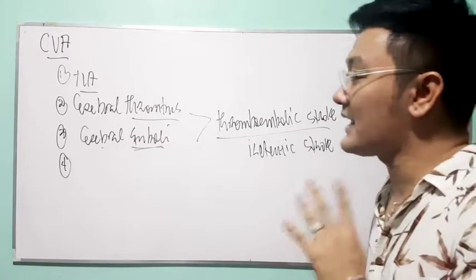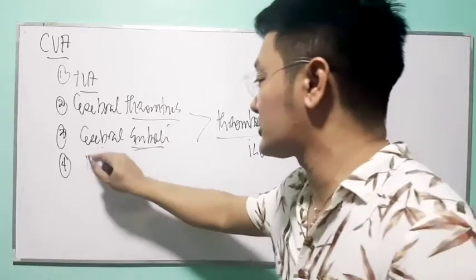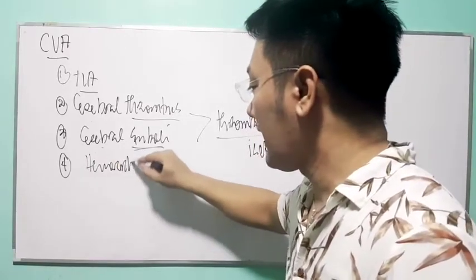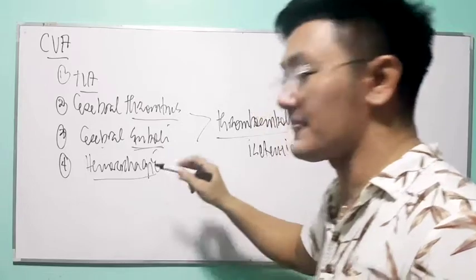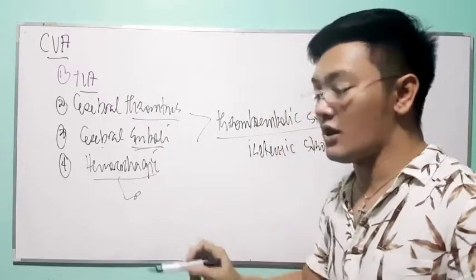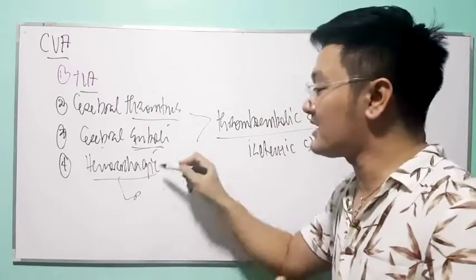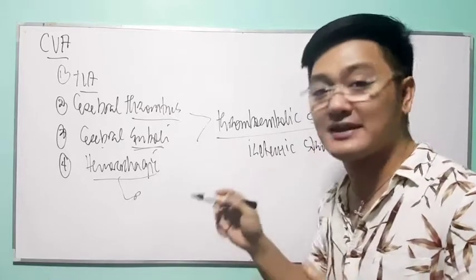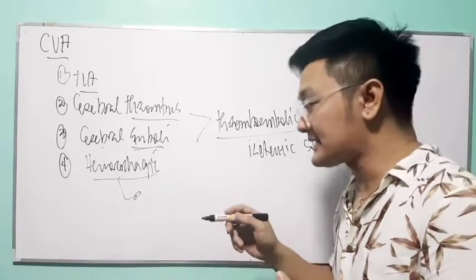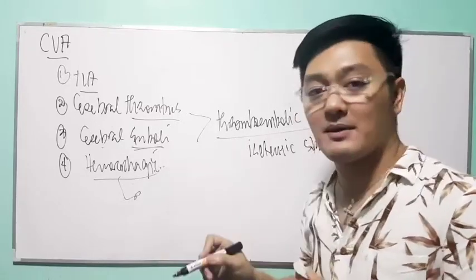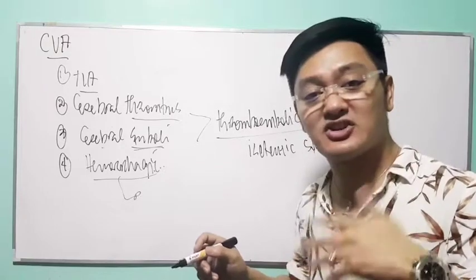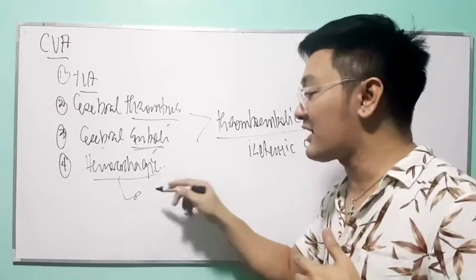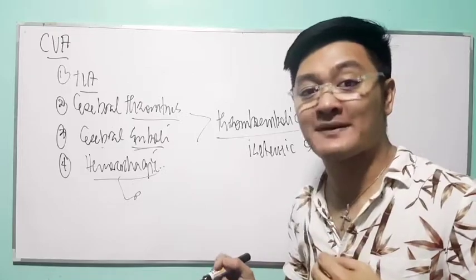The fourth type of stroke is what we call your hemorrhagic stroke. Take note, with hemorrhagic stroke, of course, there is bleeding. Hemorrhagic stroke is actually the most fatal type of stroke because it is brought about by a persistent elevation in blood pressure, especially if the patient has uncontrolled hypertension.